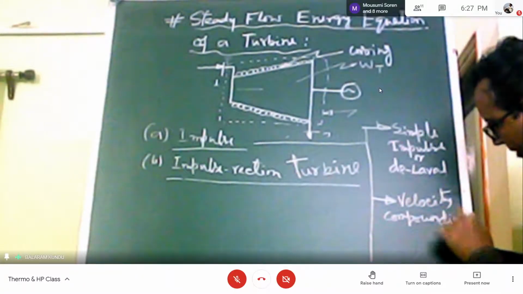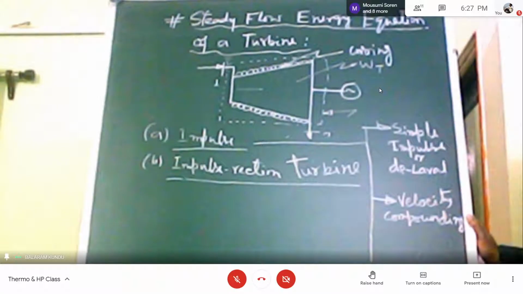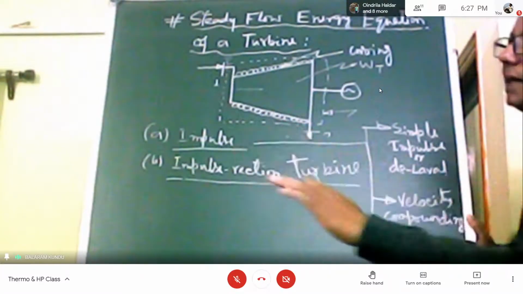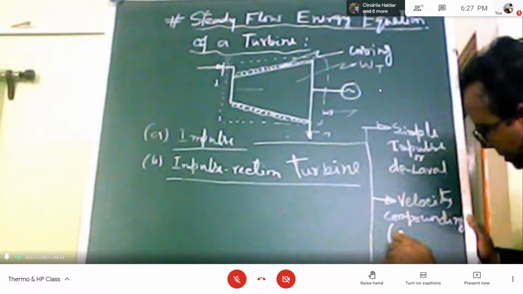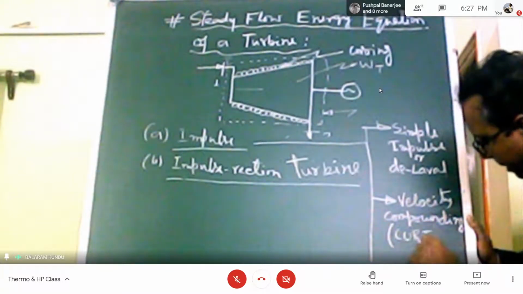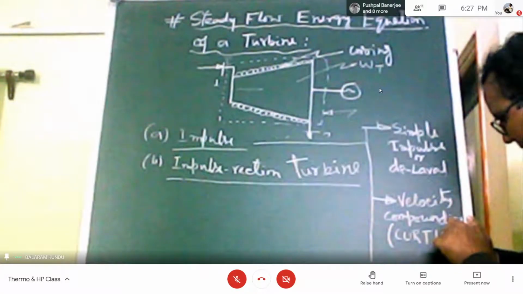Velocity compounding turbine, and the particular naming is Curtis, C-U-R-T-I-S, Curtis turbine.